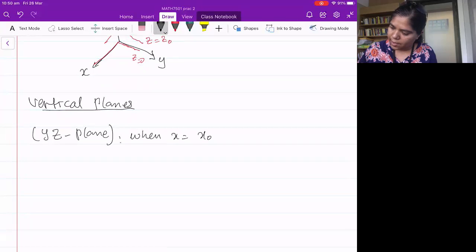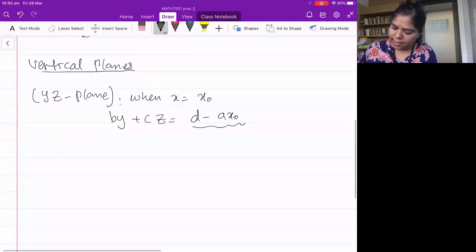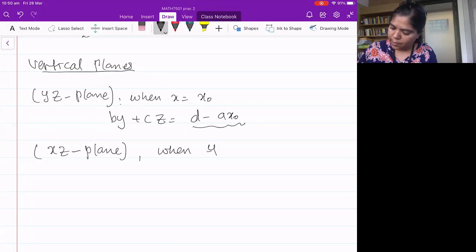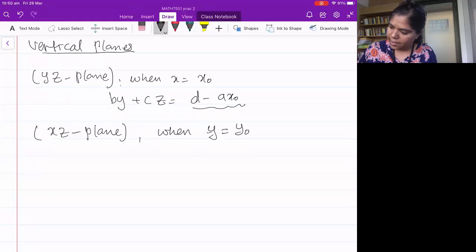This gives you by plus cz equals d minus ax naught. Okay, this is again a number. And the other plane is the xz plane. This could be when y equals y naught. That is ax plus cz equals d minus by naught. Okay, this is again a number.